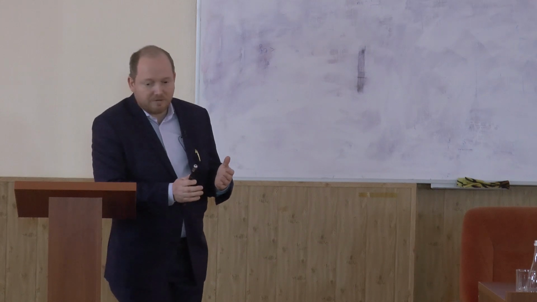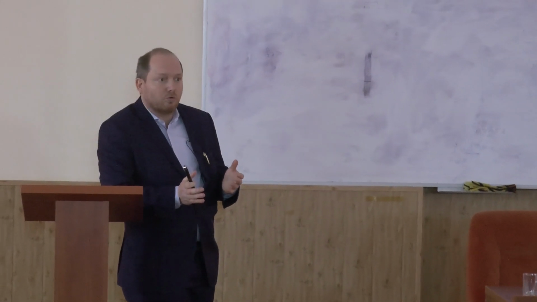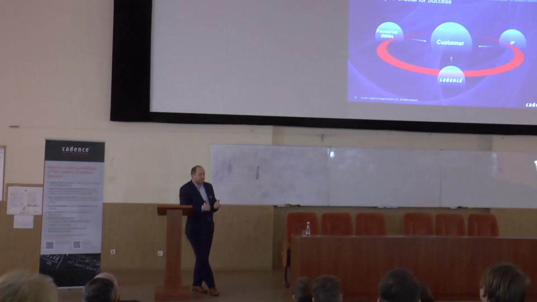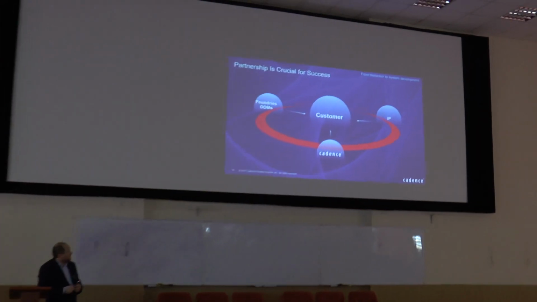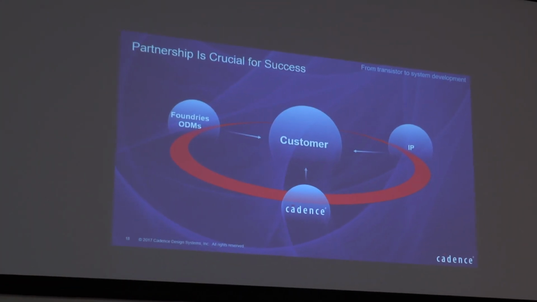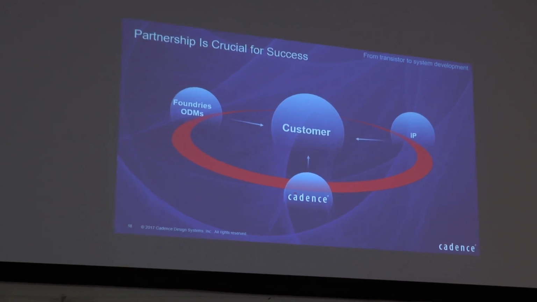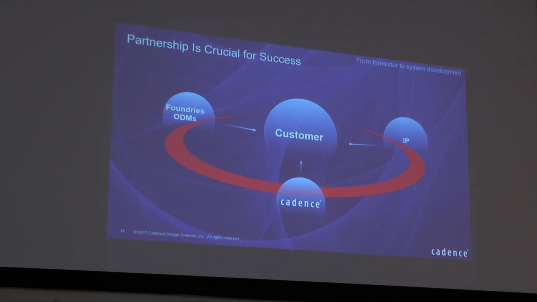In the past, the number of parties who were our natural partners was quite small. We worked very closely with foundries. From the foundries, we got the technology data. With technology data, we created a PDK, a process design kit, and the PDK we provided to the customer, and the customer was creating his circuit.